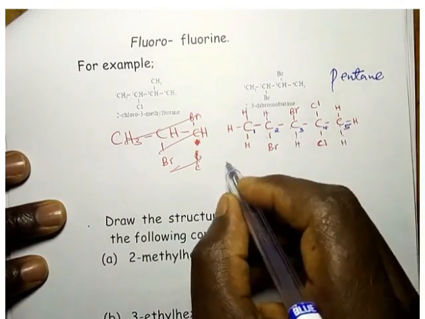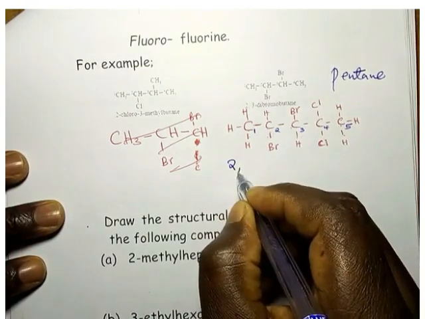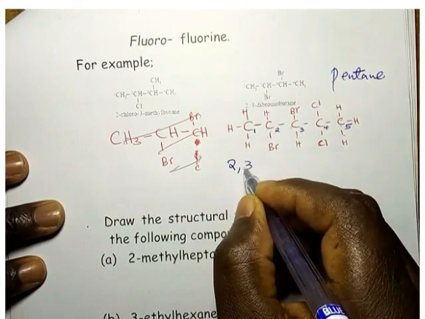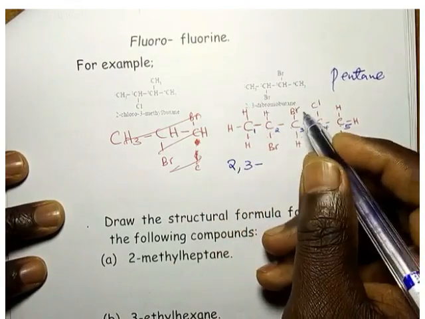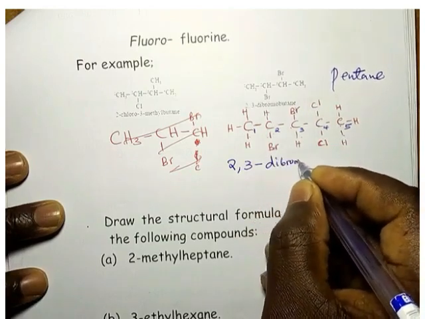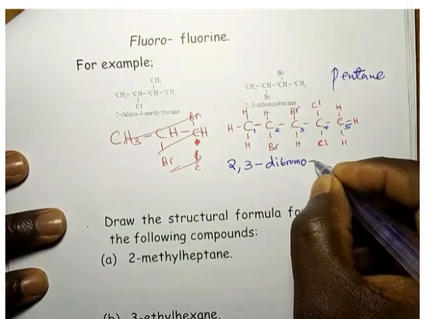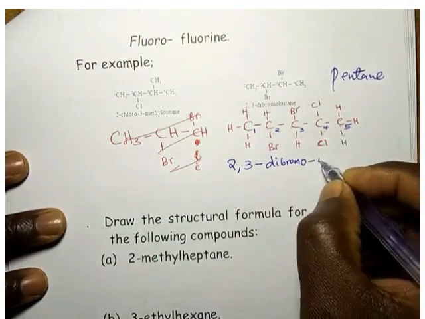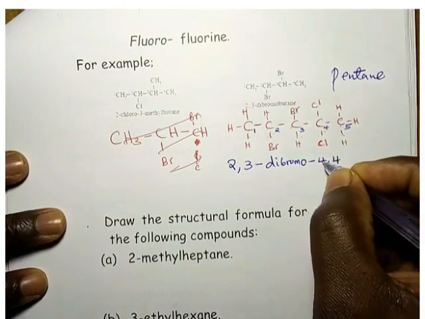So we will have carbon number 2, comma, carbon number 3, there is a bromine. And because there are 2 of them, we will say dibromo. And then dash, carbon number 4, again carbon number 4, 4, 4.